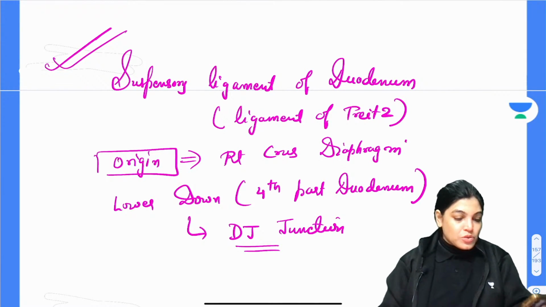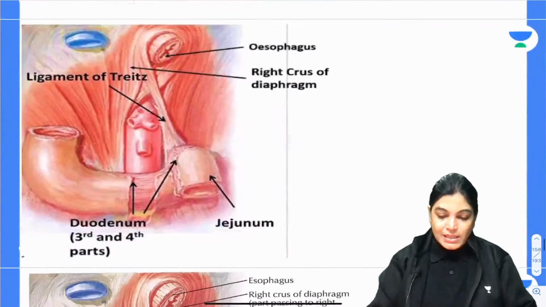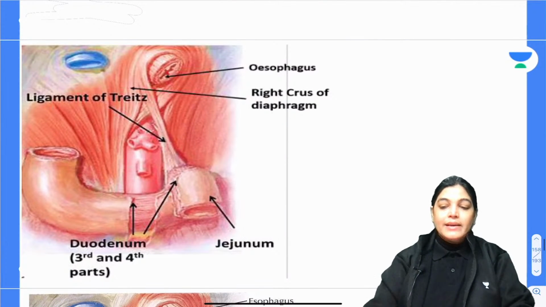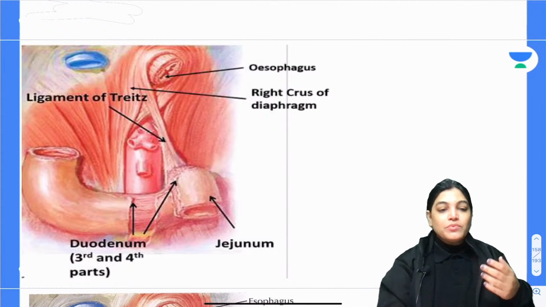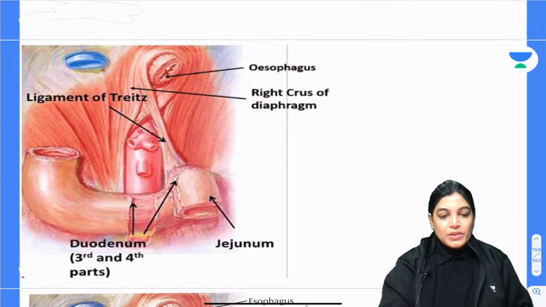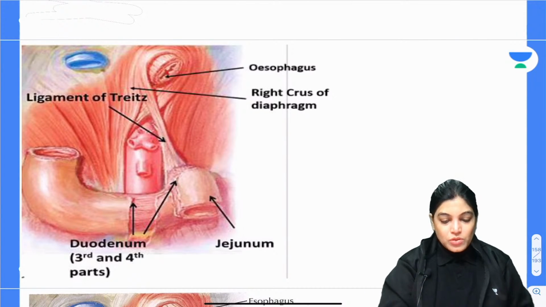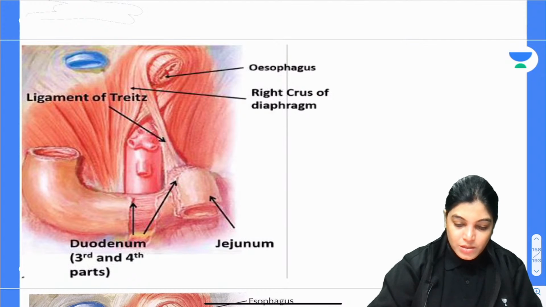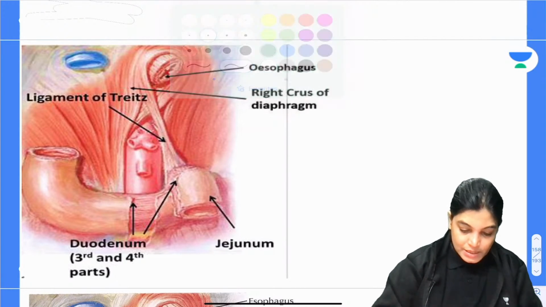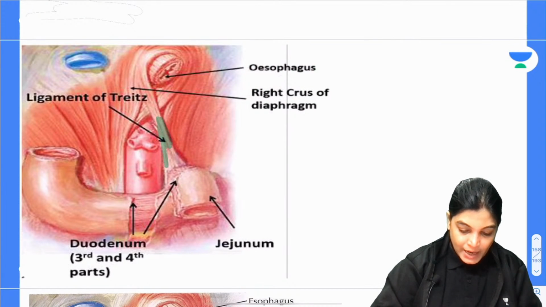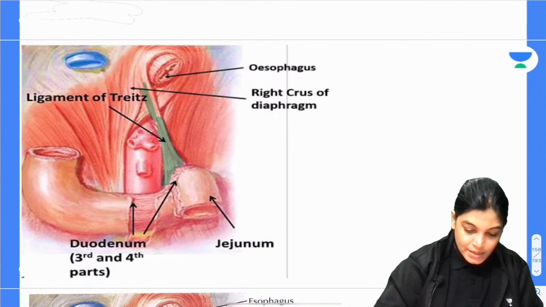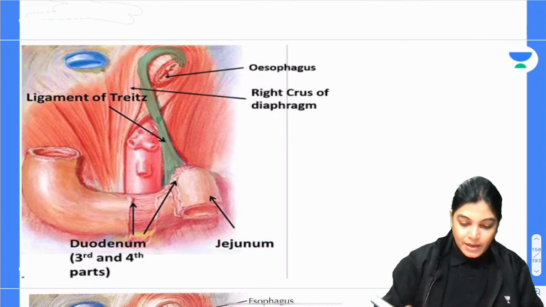Okay, so I would like to show you a diagram for it. See this. This is a very clear diagram which is showing you the ligament of Treitz. So, here you can appreciate, let me just use this green color. This structure which I am highlighting in green is the ligament of Treitz, and you can see here ligament of Treitz is attached to the right crus of the diaphragm.